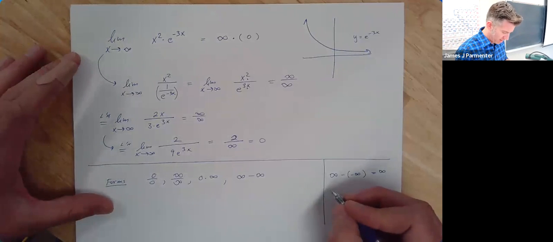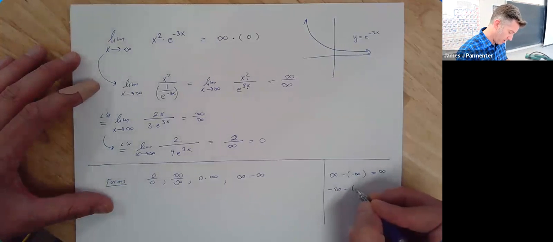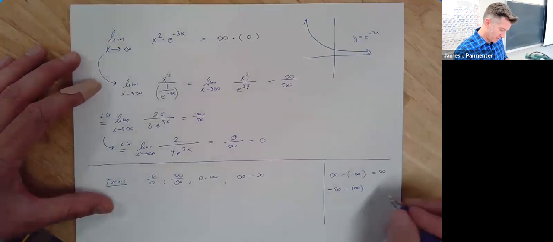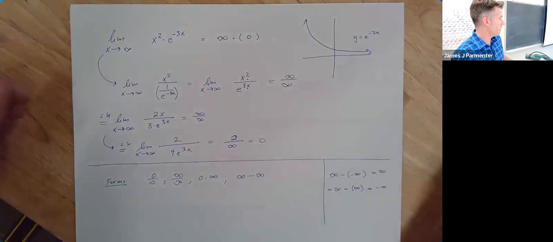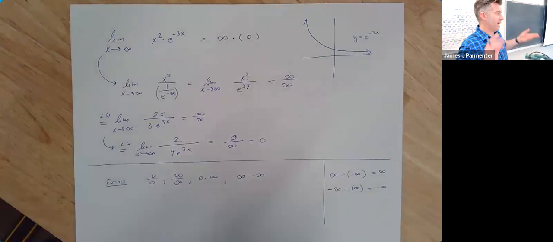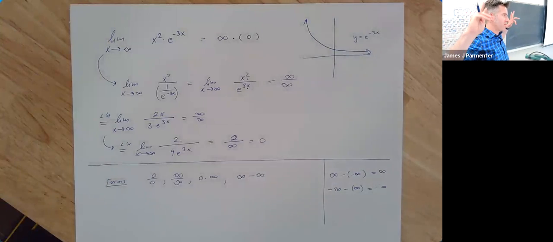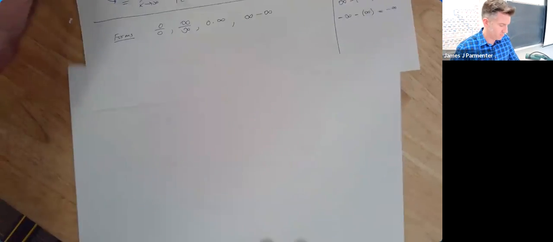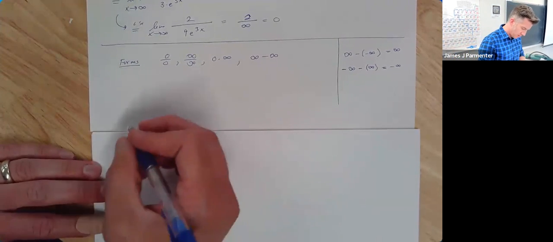And in a similar way, if you had negative infinity minus infinity, that would just be negative infinity because you're getting more negatively infinite. So when you have an infinity minus infinity, the types of infinities have to be the same sign so that they actually are being indeterminate. Don't worry too much about it. So let's look at an example of that, and then we'll talk about the other 3 forms.